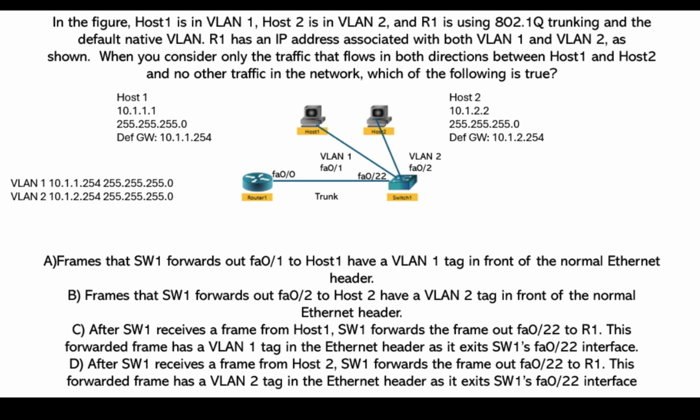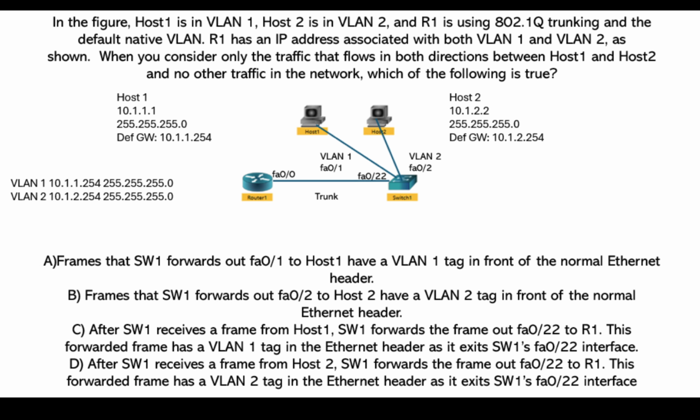Question number 9. It's quite a big question, so I'd definitely recommend everyone to pause this video. But let's read it out. So in the figure you've got here, I'm just going to explain the figure in my own words first. In the figure, what you see is two hosts, a router and a switch, and you have VLAN 1.